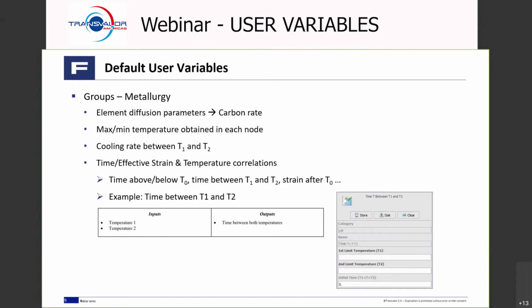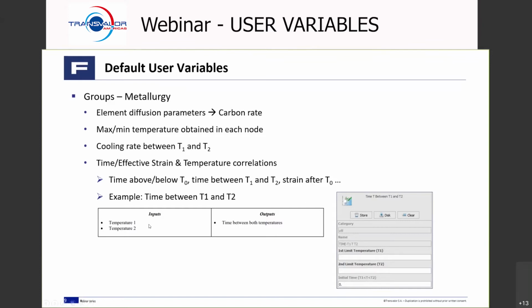And one of the most used is the time effective strain and temperature correlations. For example, we can get the seconds that every node has been above or below a certain temperature, time between two temperatures, the strain increase after a certain temperature. There are a lot of user variables here that have been implemented based on customer needs.